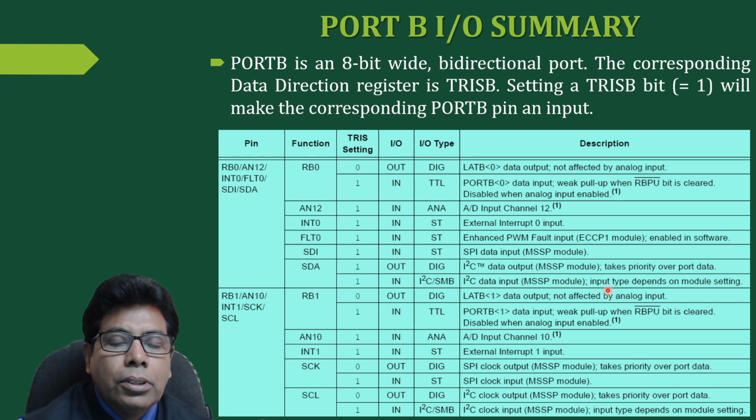So input type depends on the module setting. So depending on the different modes of the module, this input type will change. So we'll be using this pin as an input for the I2C data input.